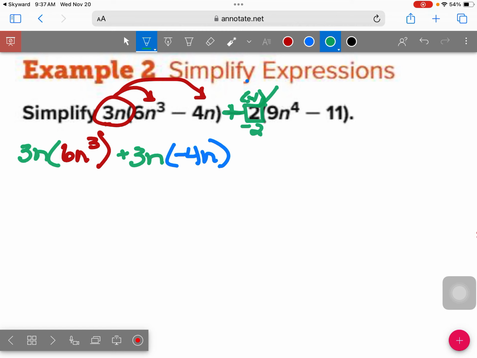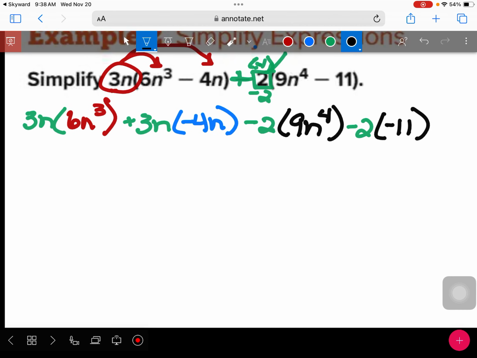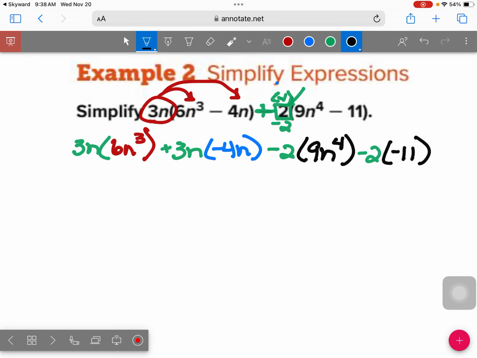So this is going to be a -2 times 9n to the fourth and -2 times -11. Okay? I see a puzzled look. Question, Jeremiah? Okay.